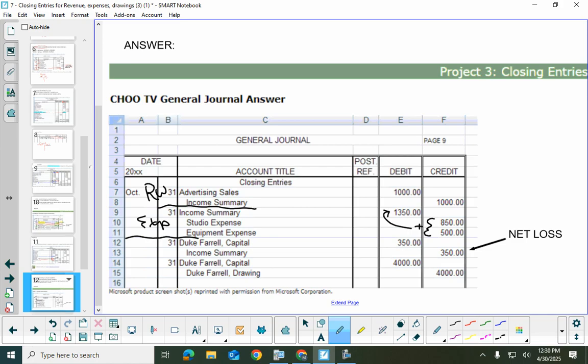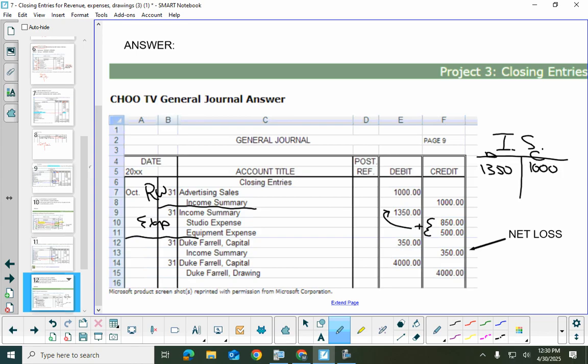Under income summary, you've got $1,000 in the credit column and $1,350 in the debit column, right?